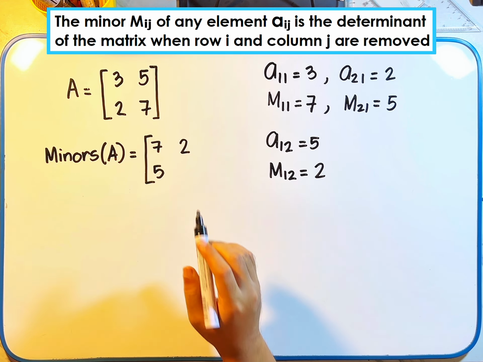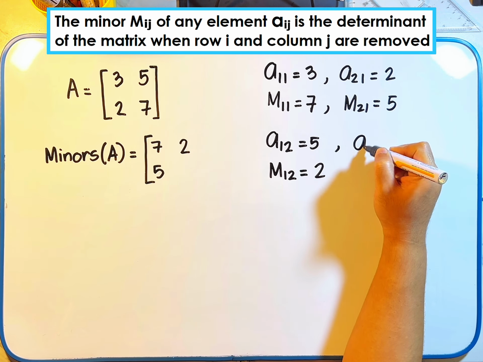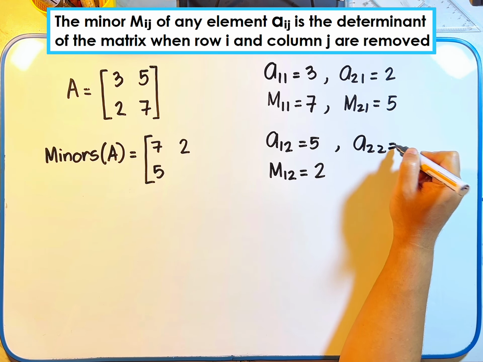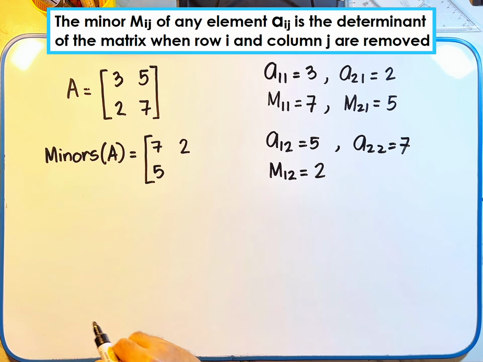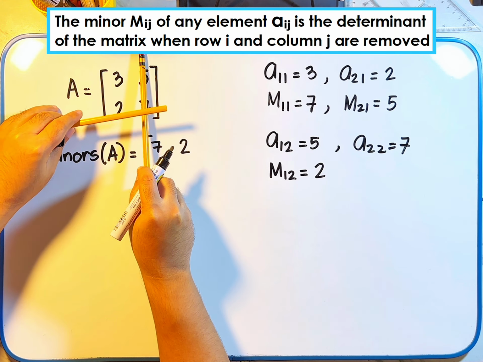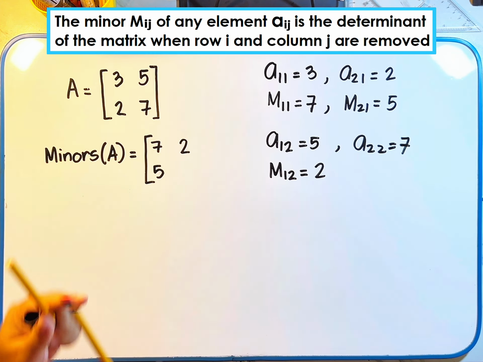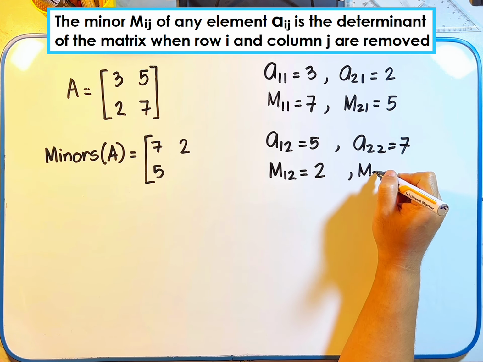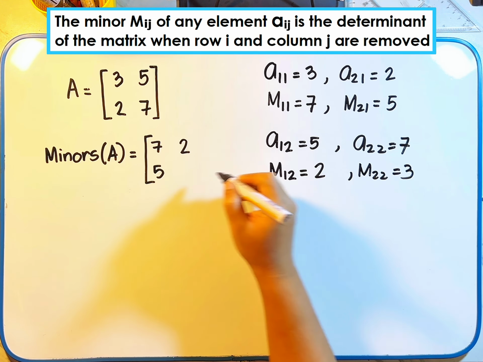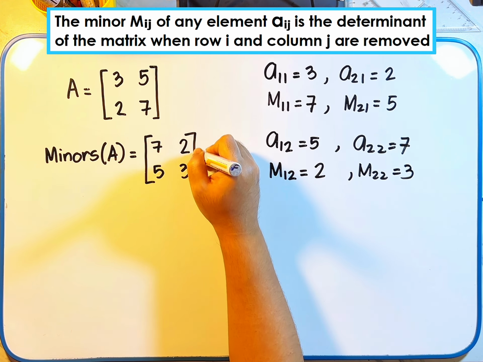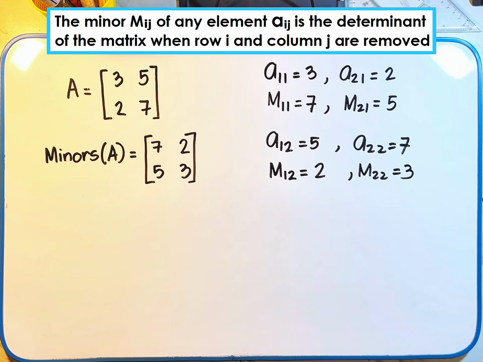And then the remaining, the element in the second row, second column is 7. Right here. And if we block the second column and the second row, we're left with 3. So the corresponding minor is 3. So we will write 3 here. And that's our minor.